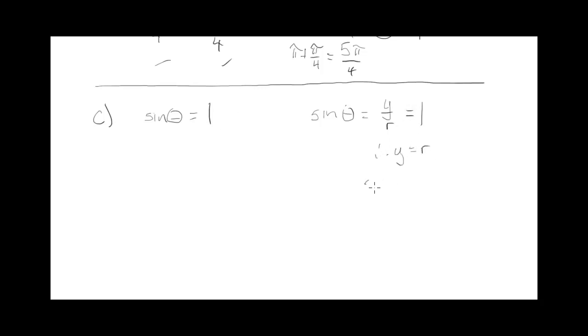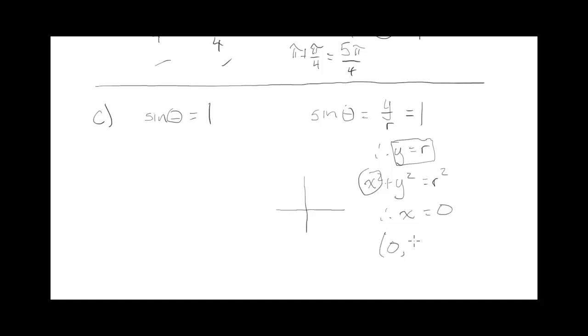And remember that x squared plus y squared is equal to r squared. So if this is true, then x equals 0. Remember x, y is a point on your terminal arm. The point must be of the form 0, something.